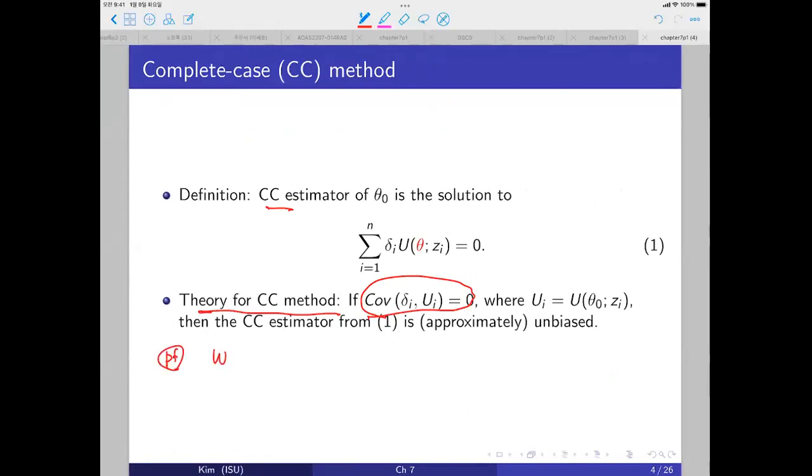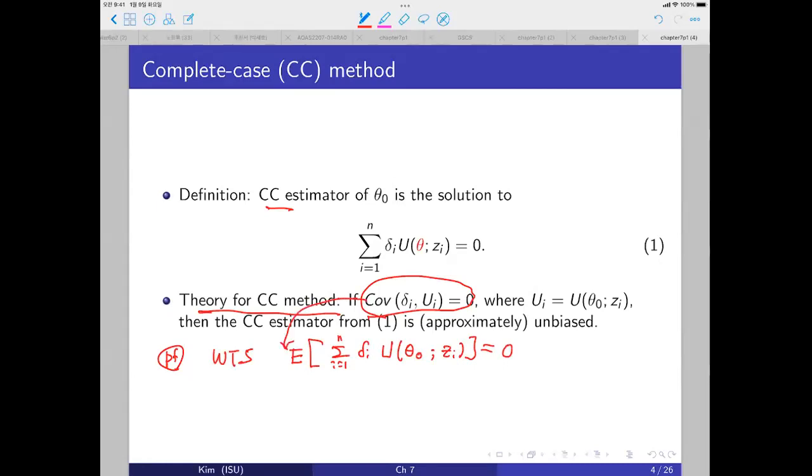We want to show that the expectation of the sum from i equal to 1 to n of delta I U theta null is equal to 0, which implies unbiasedness. So what we really want to show is that this implies this.